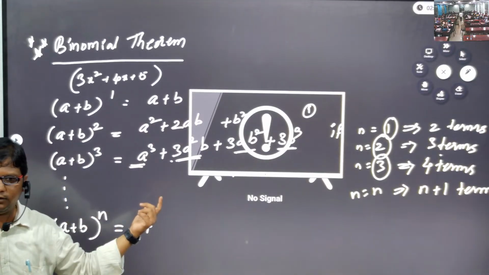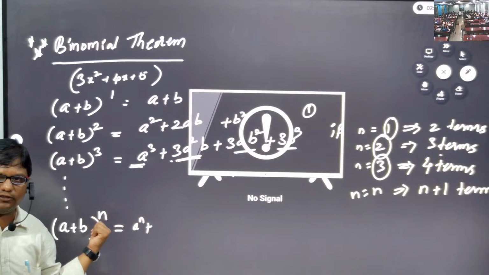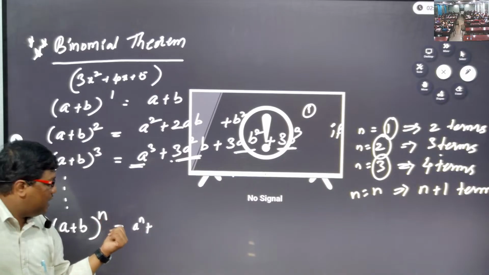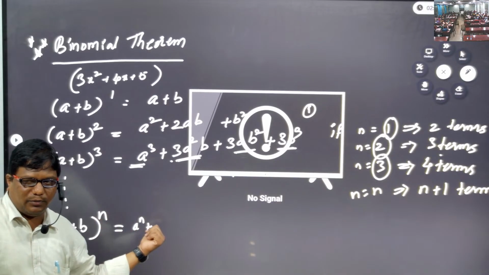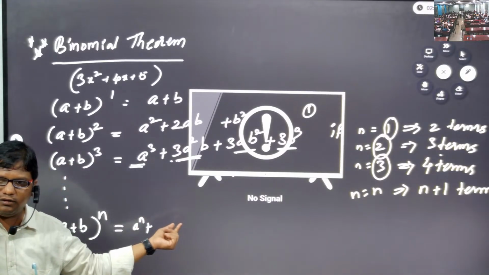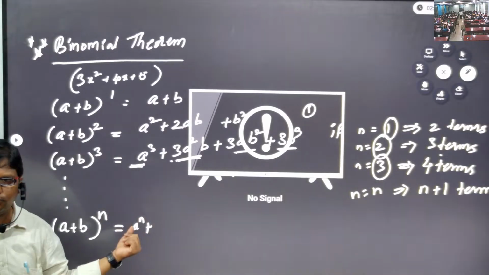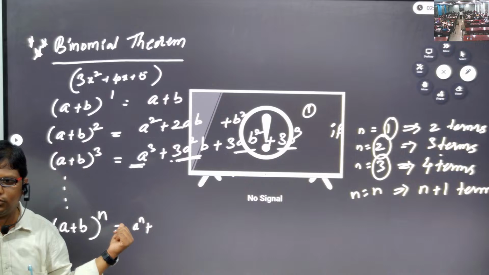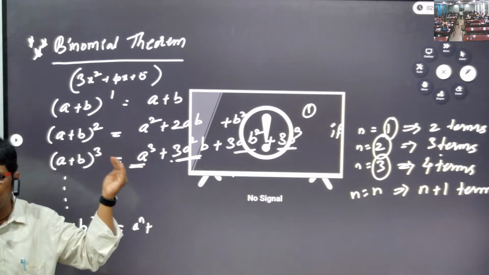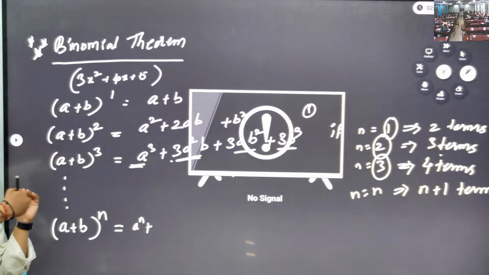What is your output? a^n b^0. We are trying to get the solution for (a + b)^n, so the answer is a^n b^0 plus a^(n-1) b^1, plus a^(n-2) b^2, and similarly we will be getting up to the nth term.